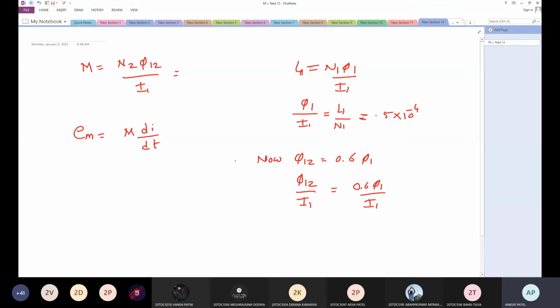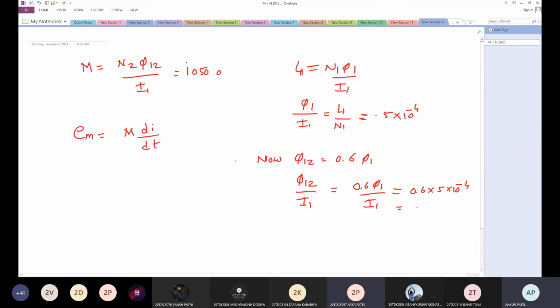Okay. So N2 is given, 10,500. And this phi12 by I1, what are you getting? You will get 0.6 into 5 into 10 raised to minus 4.